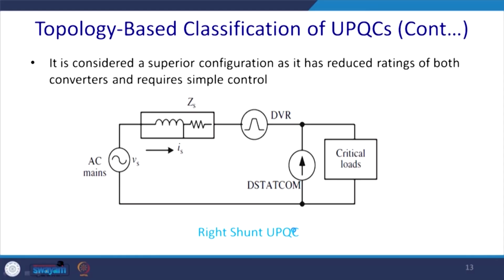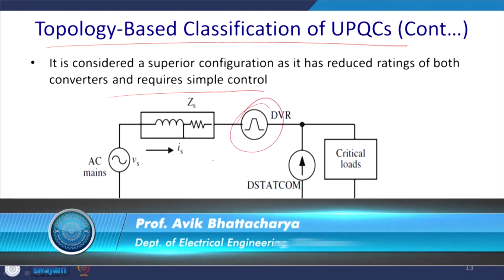Now, let us discuss the classification of the UPQC based on topologies. This is the right shunt UPQC. It consists of a superior configuration, as it reduces the rating of both converters and requires simple control, because you have already mitigated the voltage problem. So control is simplified.